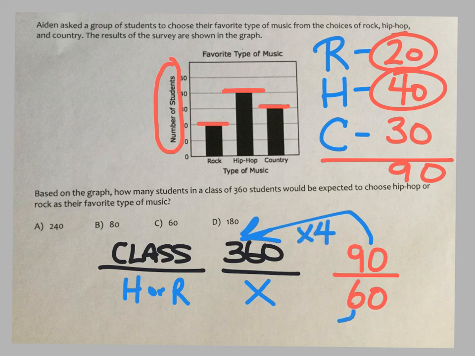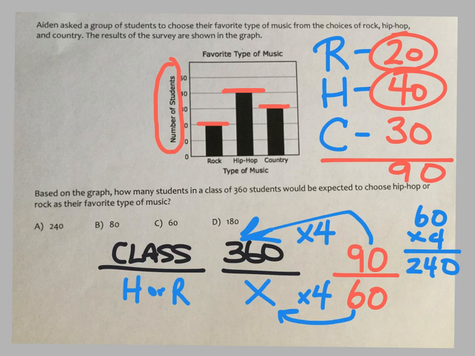And I should be able to do the same thing from 60 to my unknown by also multiplying by 4. 60 times 4 is 240. The number of students expected to choose hip-hop or rock as their favorite type of music in a class of 360 students would be 240, which is answer choice A.